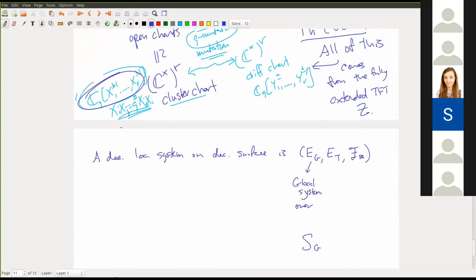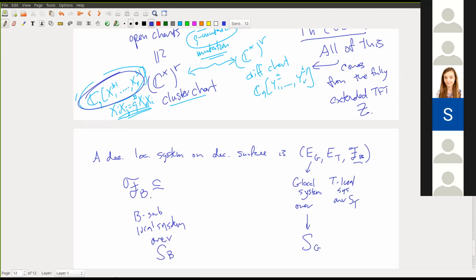So we first of all have to give a G local system over S_G, and a T local system over S_T. And then this is the choice of a B, so F_B is a B sublocal system over, of course, S_B.